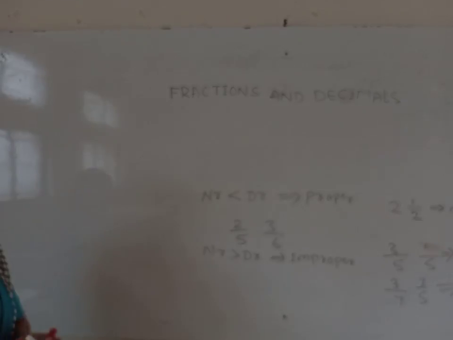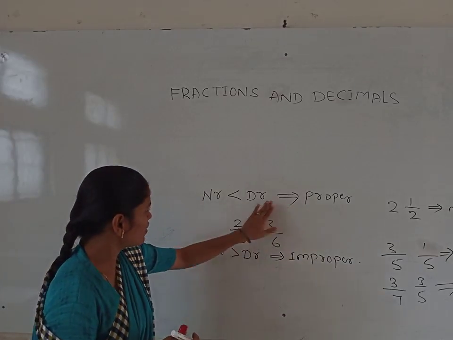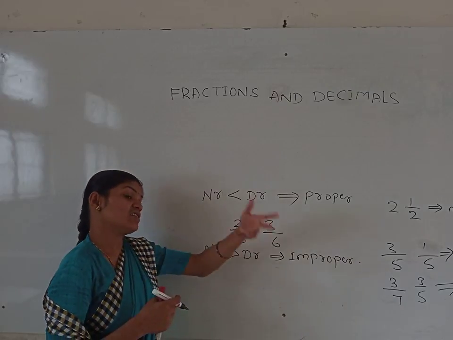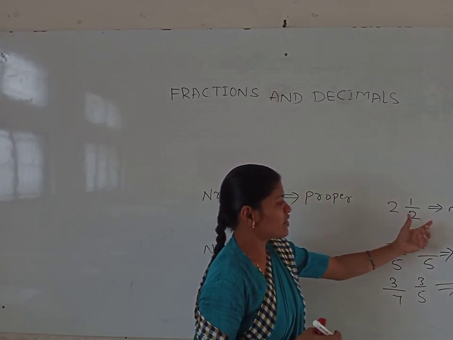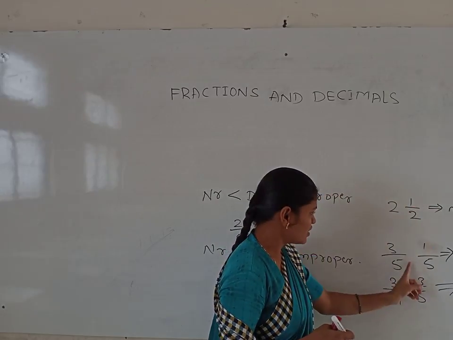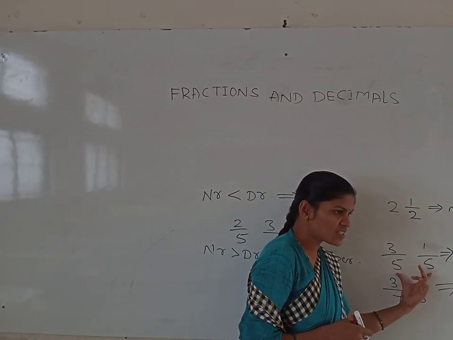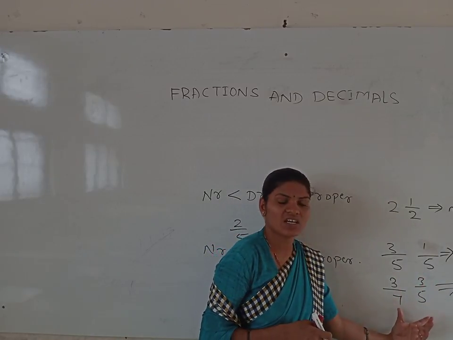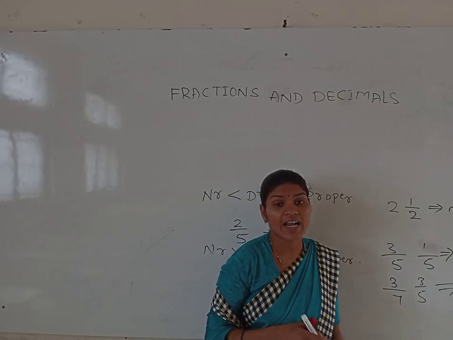Okay. So these all are the types of fraction. Proper, numerator is less than denominator. Improper, numerator is greater than the denominator. Then mixed, whole number including one proper fraction. Then like fraction, if the denominators are the same. If the denominators of any two fractions are different, it is called unlike fraction.